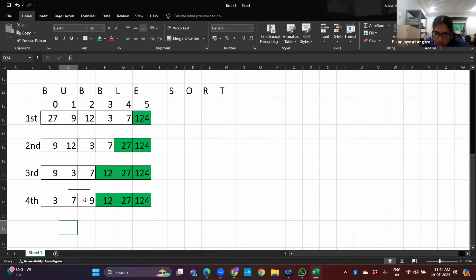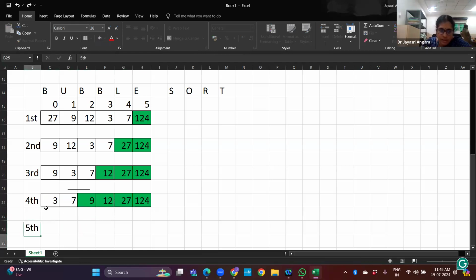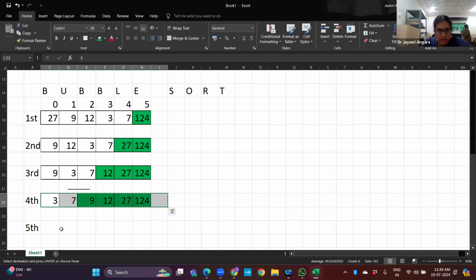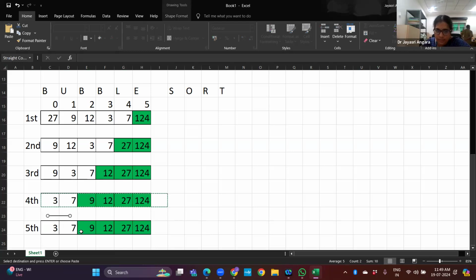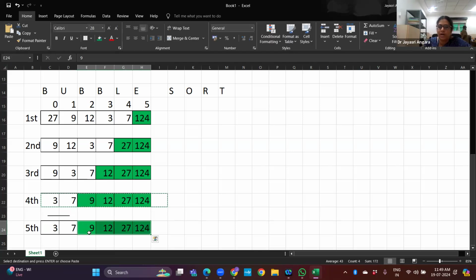So now 9 is also in its appropriate position. By the beginning of the fifth iteration, we are left with this array. So we are trying to compare these two elements, 3 and 7. This is the only applicable portion of the comparison, because from 9 onwards, there is no need for us to compare.